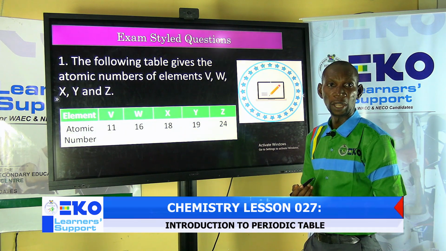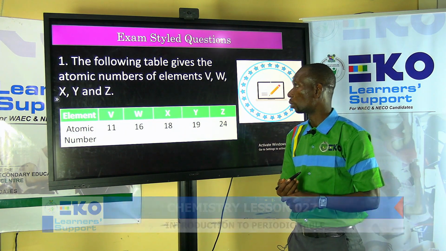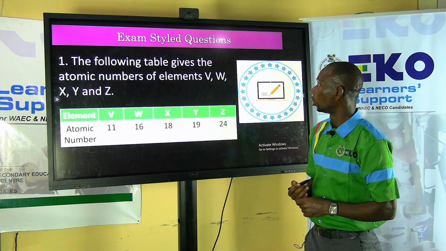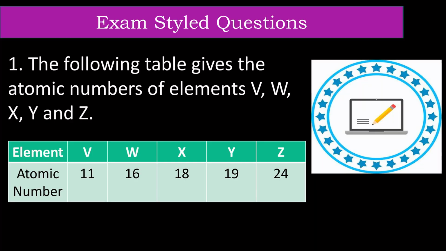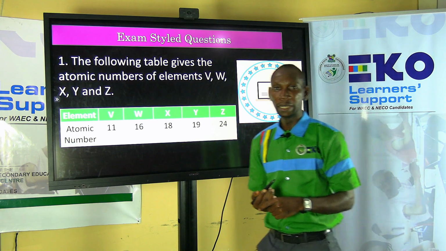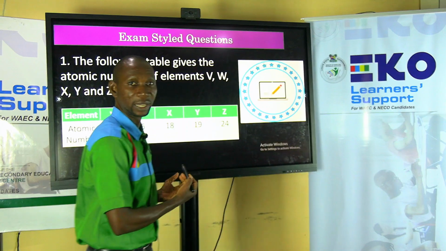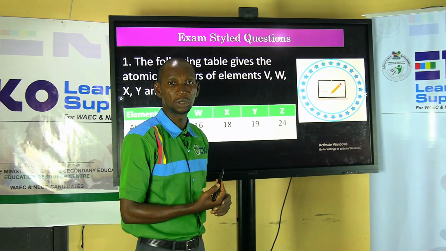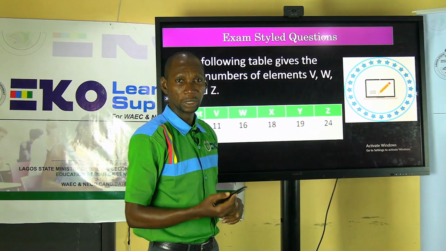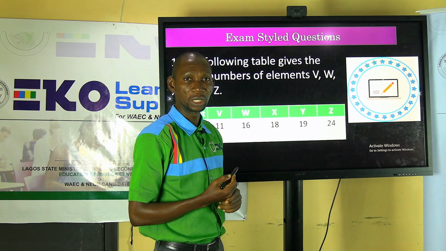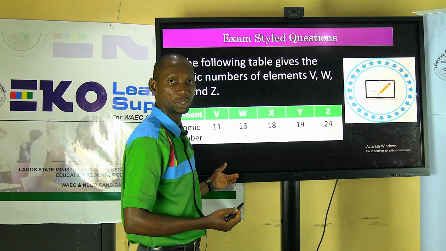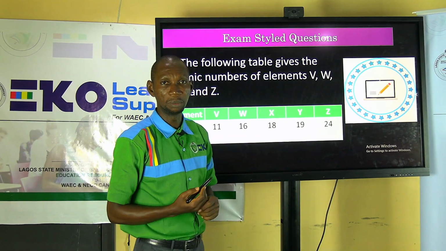Now, let's look at the practice question. The following table gives the atomic numbers of elements V, W, X, Y, and Z. My dear student, I need to let you know that this is the kind of question you are going to come across in your examination. The first and most important point is that you must not identify these elements.